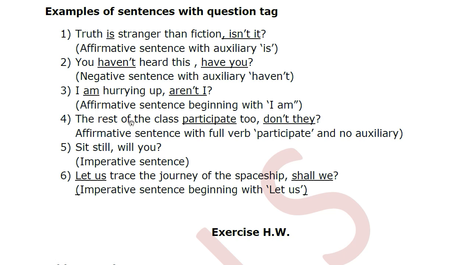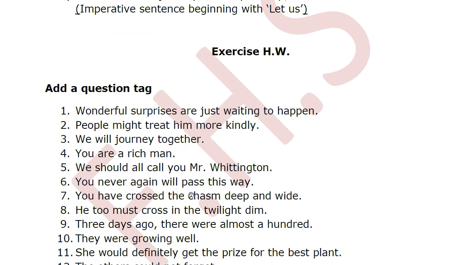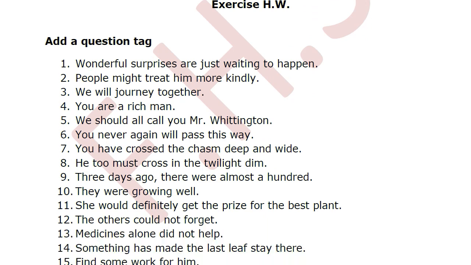Now there is no modal auxiliary here, so you have to use any of those: do, don't, did, didn't, does. Sit still, will you? So here it's an imperative sentence giving an order, so you wrote will. Let us. So when you have let us, what did I say? Shall we? Let us trace the journey of the spaceship, shall we?